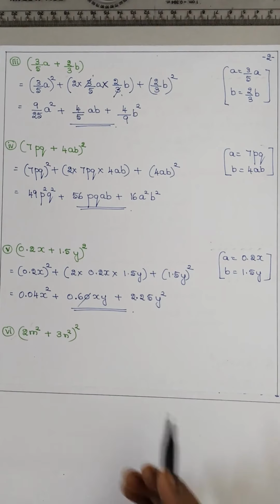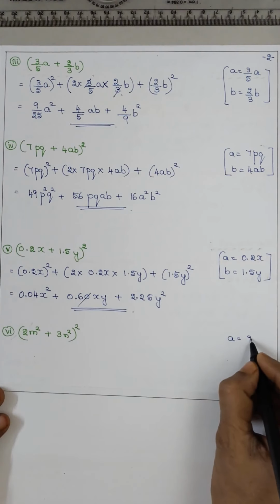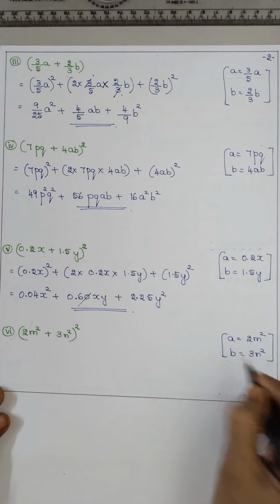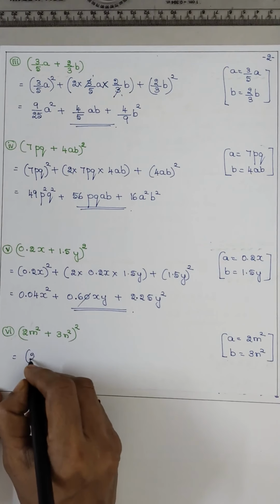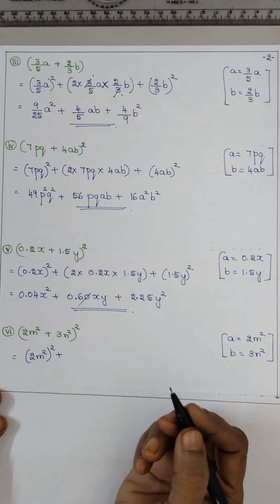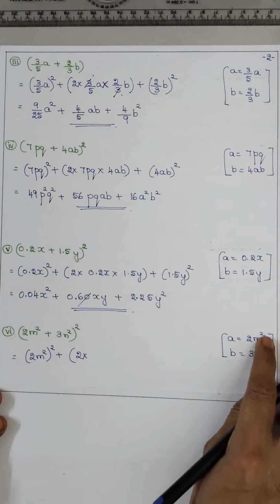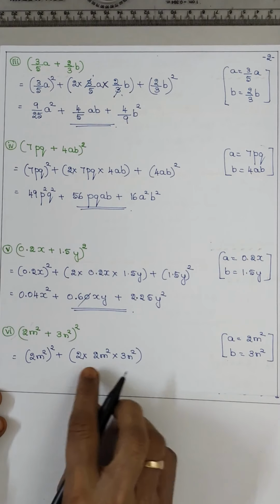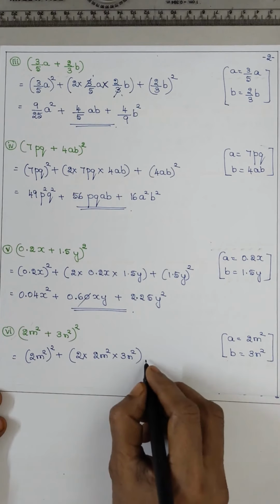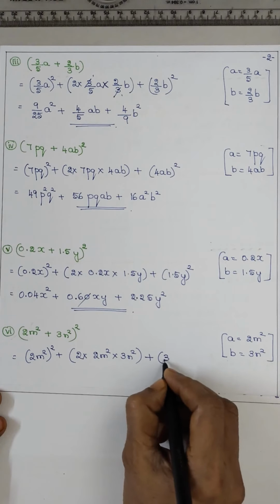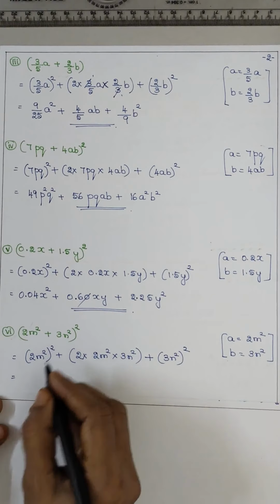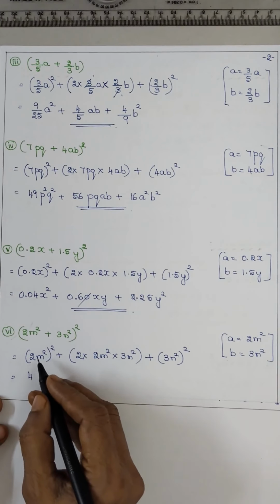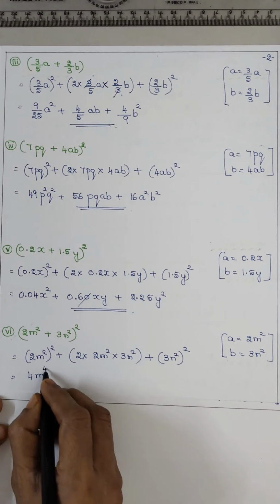Now coming to the sixth sum, a is equal to 2m squared, b is equal to 3n squared. a squared, you have to put 2m squared the whole square, plus 2ab, 2 into a is 2m squared, b is 3n squared. Remember, between the terms inside the bracket there is a multiplication sign. Then plus b squared, that is 3n squared the whole square. Now 2 squared is 4, m squared the whole square. If the bracket is there, multiply the powers. 2 2s are 4.